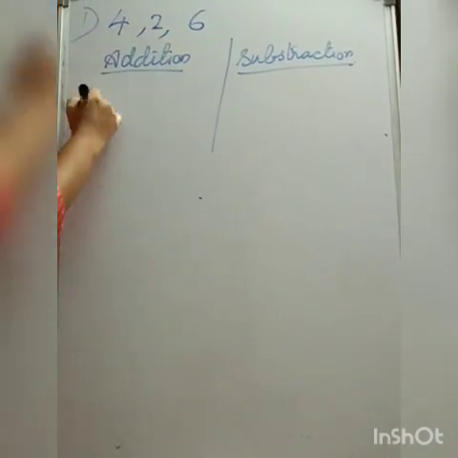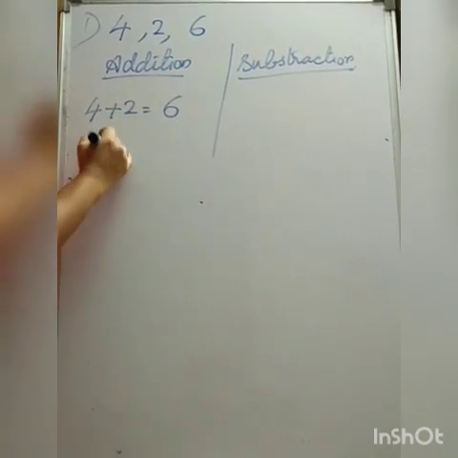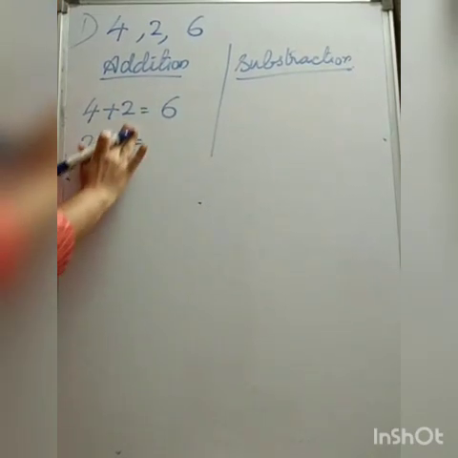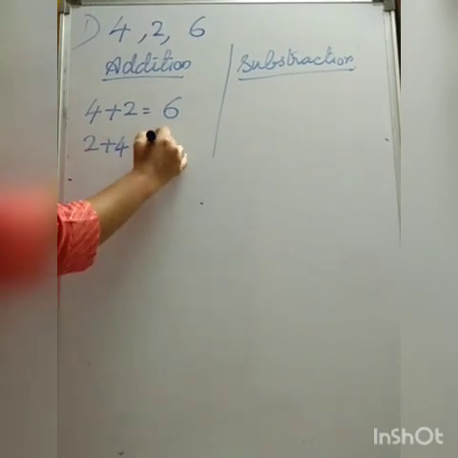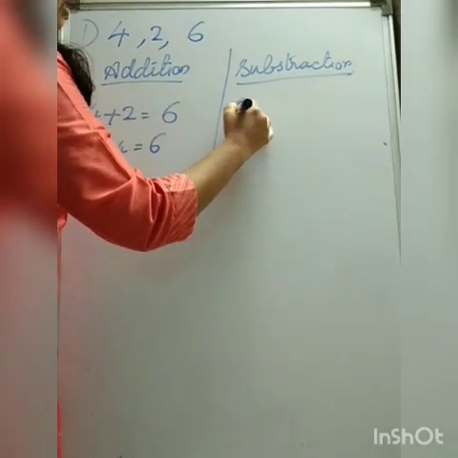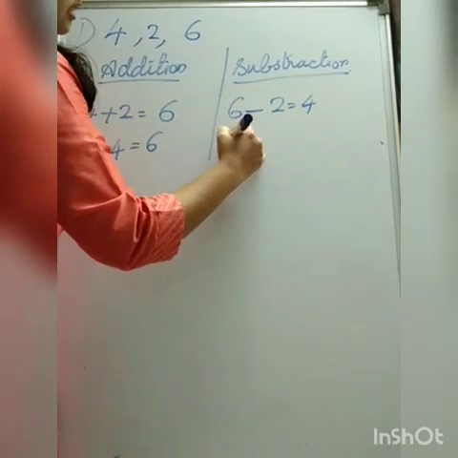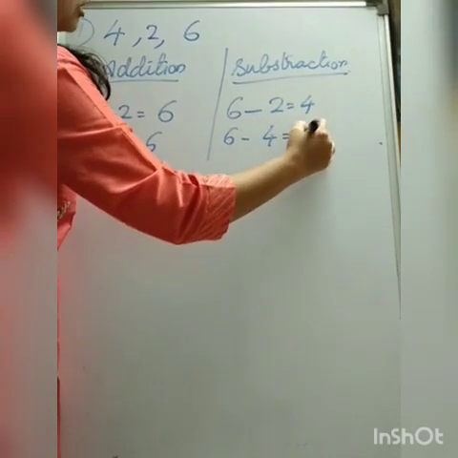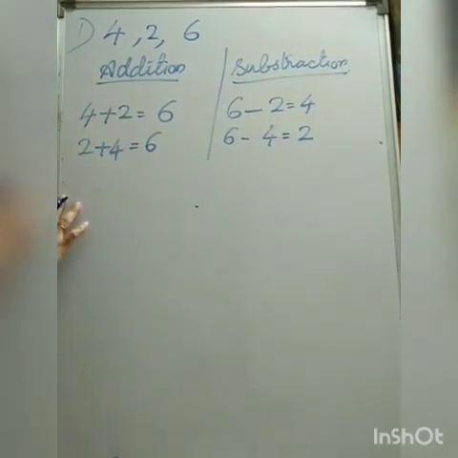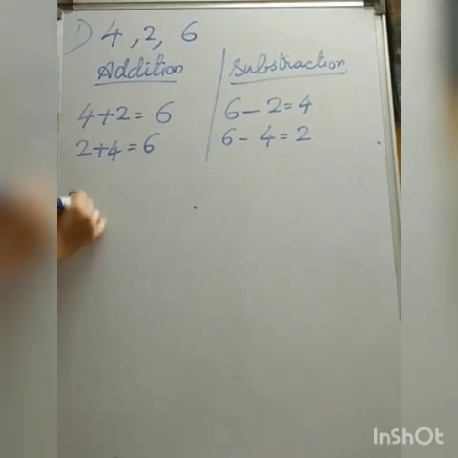Small numbers come first. 4 plus 2 is equal to 6. 2 plus 4 is equal to 6. In subtraction fact, the big number comes first. 6 minus 2 is equal to 4. 6 minus 4 is equal to 2. Shall I take one more example?